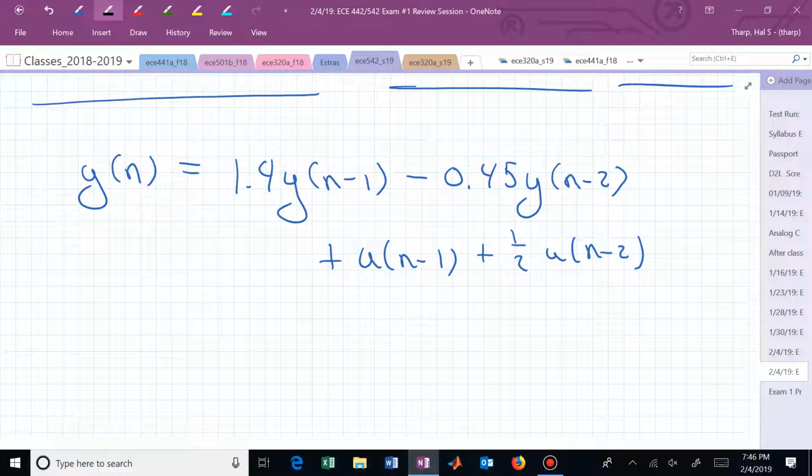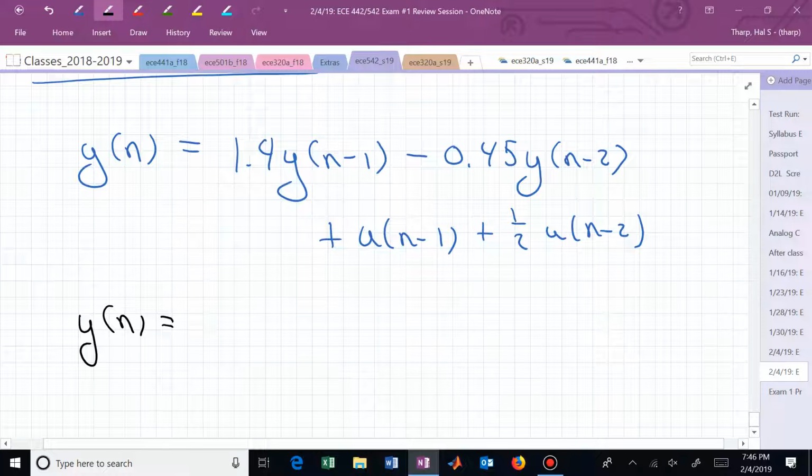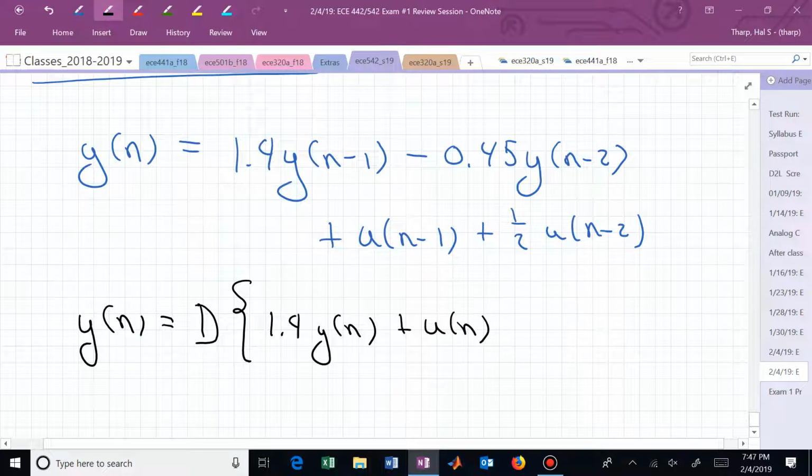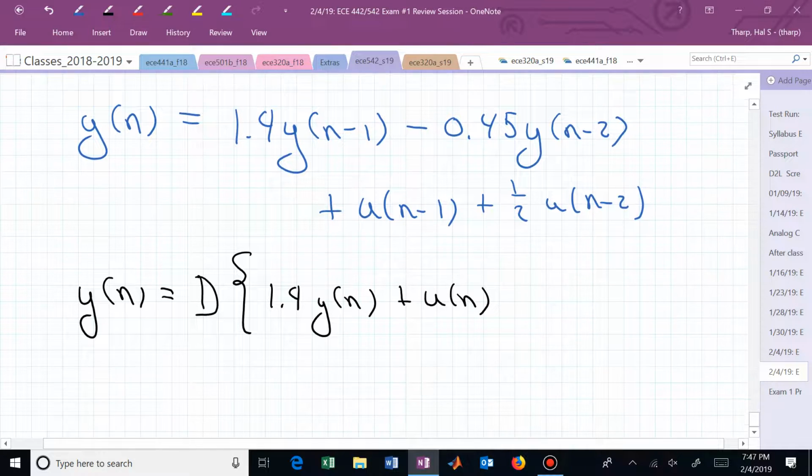But if we do the same strategy and try to nest our delay blocks, how many delay blocks do you expect we should be using? Probably 2. So now let's say y of n is now going to be a delay block of 1.4 y of n plus u of n. Is it clear where that came from?